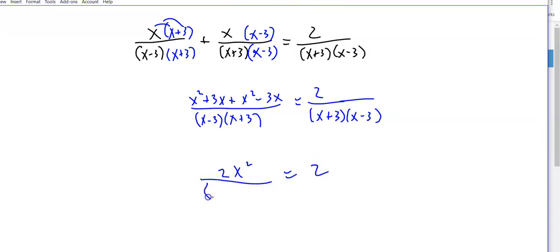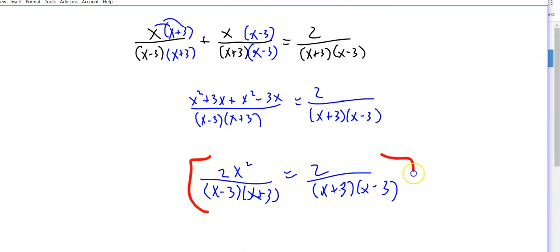But we still have this pesky little denominator, x minus 3, x plus 3, but they're the same on both, right? So don't we at some point have to multiply everything by the LCD, which is x minus 3, x plus 3?